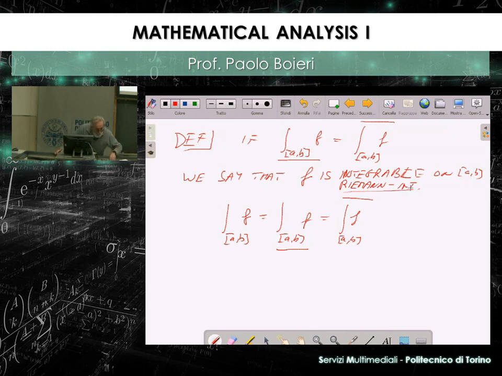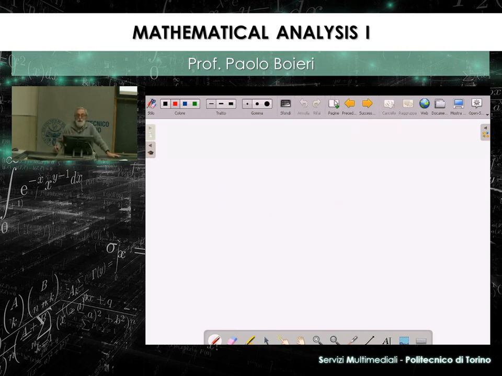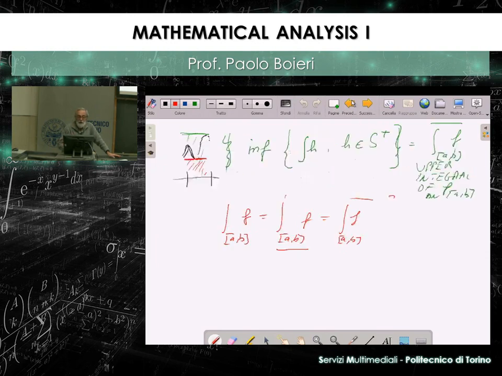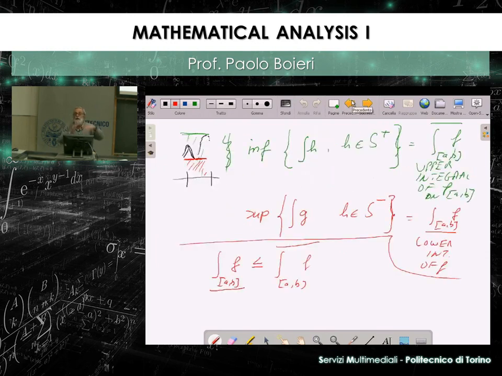And the first question is, okay, I hope you understood the idea that approximating below and above, if the two approximations give the same number, this is the integral. But the idea is, okay, this is always true.